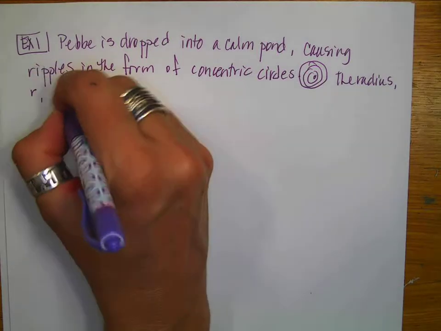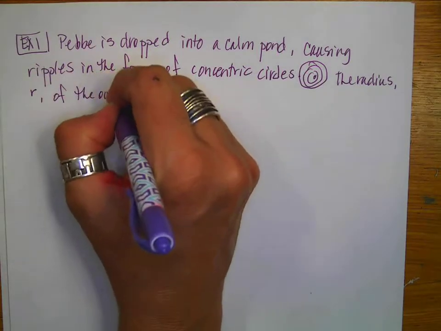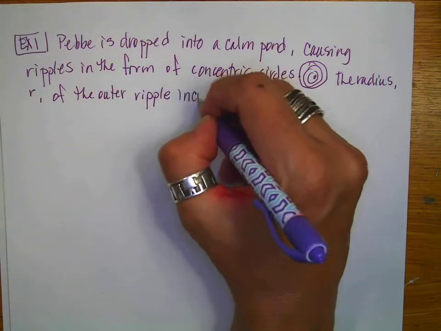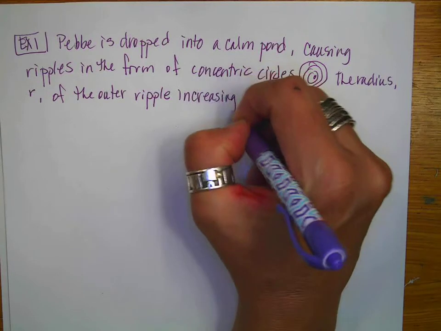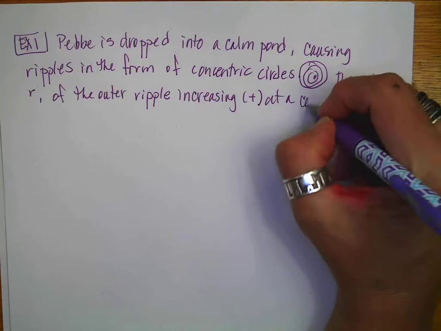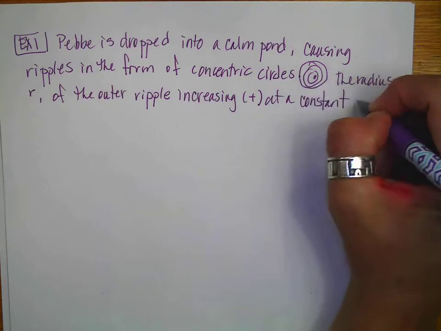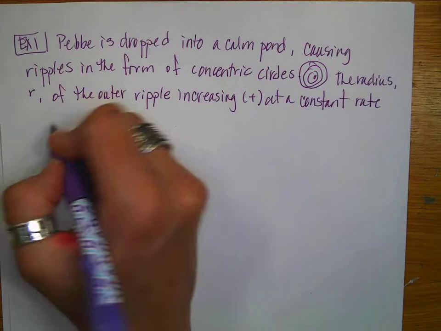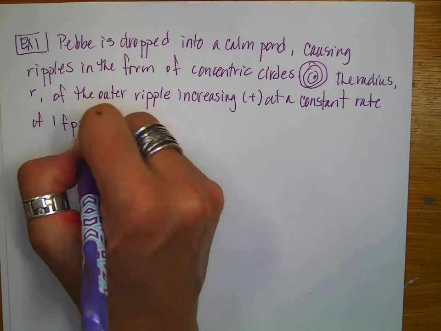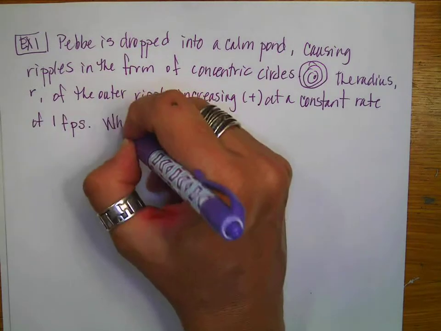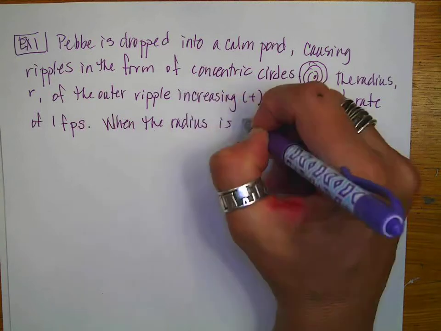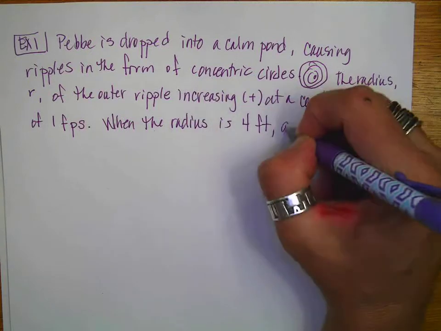The radius, R, of the outer ripple is increasing, which means positive, by the way, at a constant rate of 1 foot per second when the radius is 4 feet.